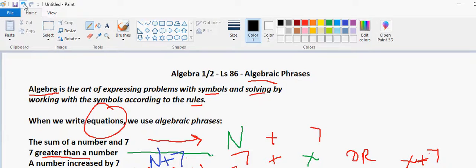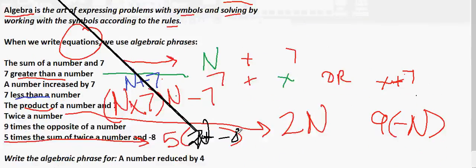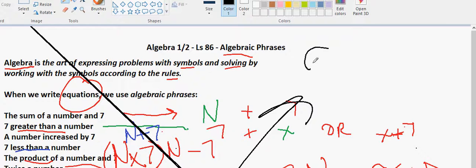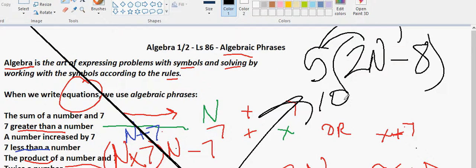Didn't give myself a lot of room. Twice a number plus -8. Now that sum is really a minus problem. I'm going to put this again up here. 5 times the sum of twice a number and -8 really ends up being this. Make sure you use that parentheses so that this gets properly distributed, right? That comes out to 10n minus 40.